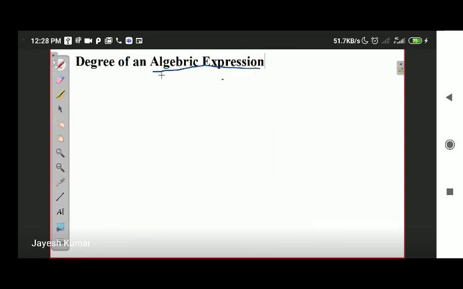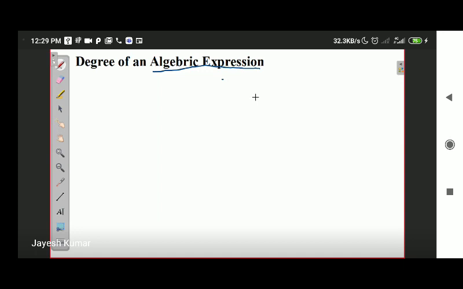So from this chapter onwards, whenever we see the term algebraic expression, we will say that it is talking about polynomials. Now let's talk about degree of a polynomial. So what is the degree of a polynomial?